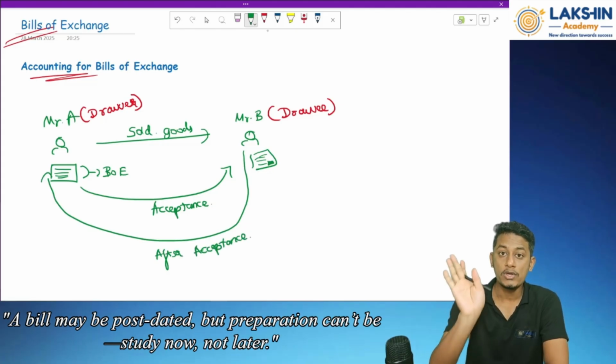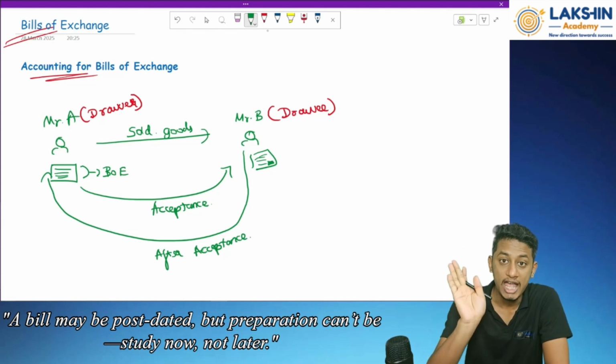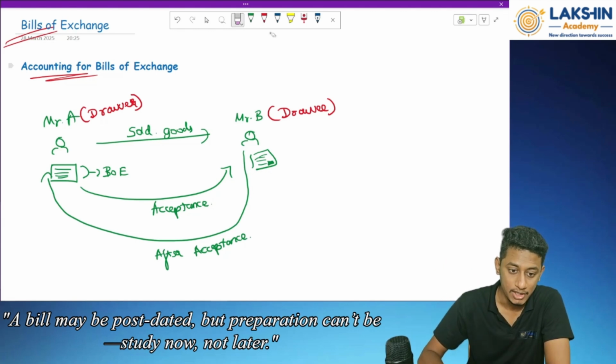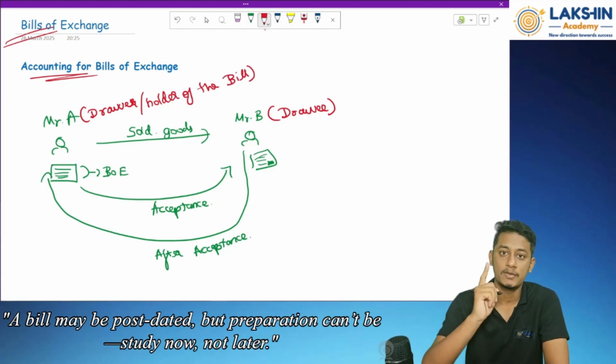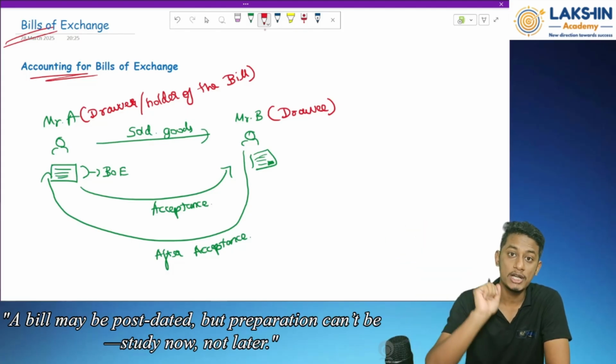Now, who is having the bill with him? Mr. A is having the bill with him, so Mr. A will also be called the holder of the bill because he is holding the bill.